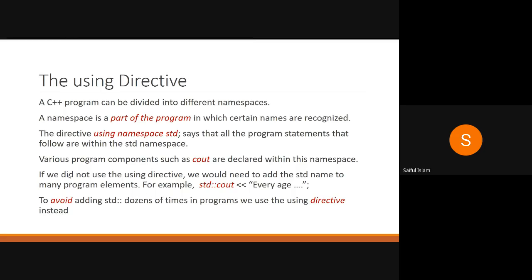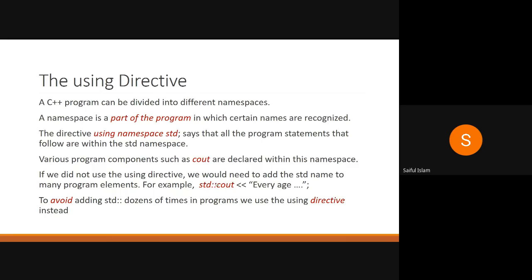If we did not use the using directive, we would need to add std to many program elements. For example, without using namespace std, I would have to tell the compiler that cout is defined in std, so I have to write std::cout.